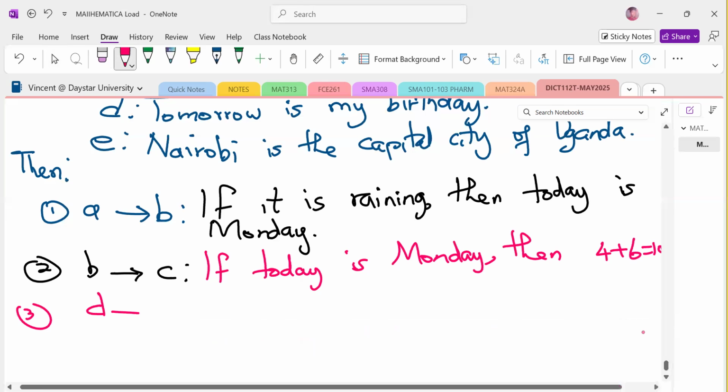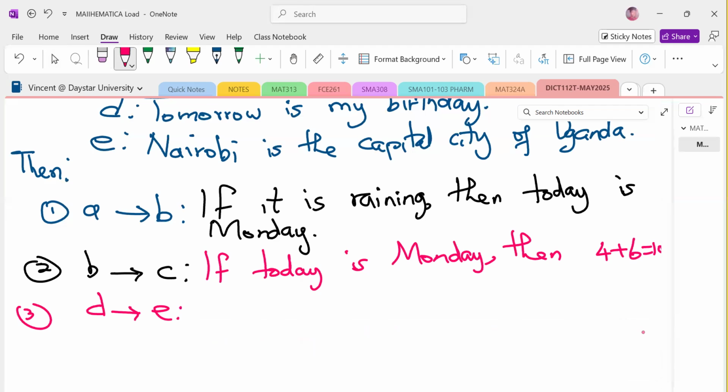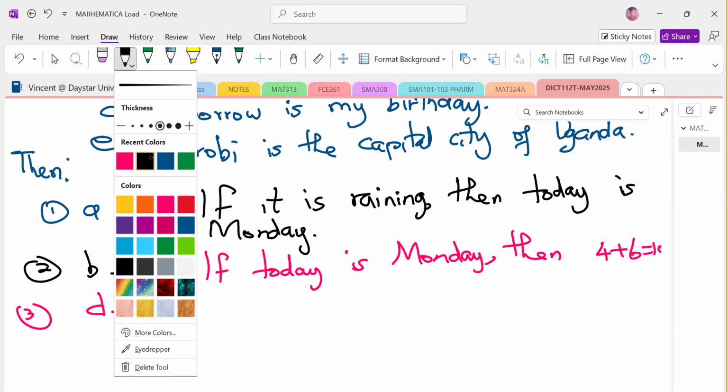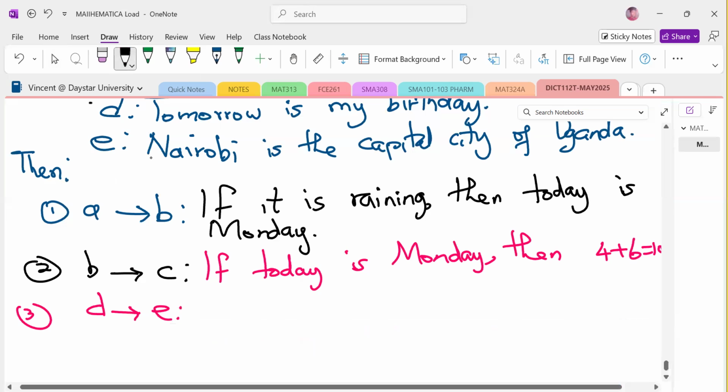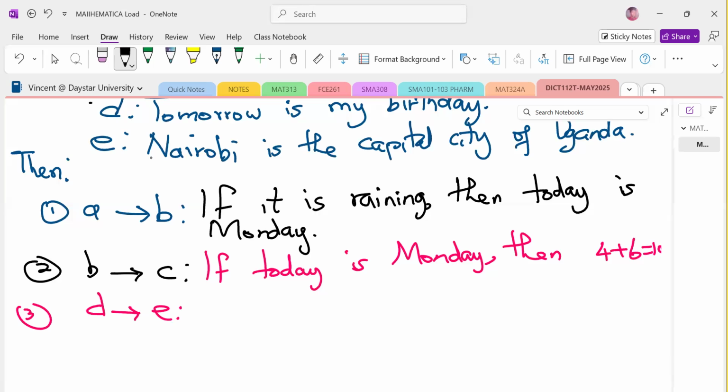And then the third, what will be the meaning of this statement? Correct.